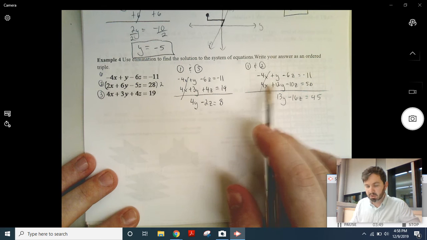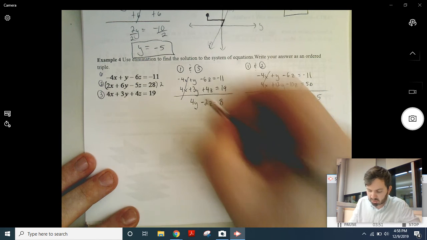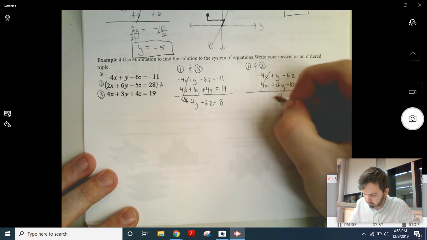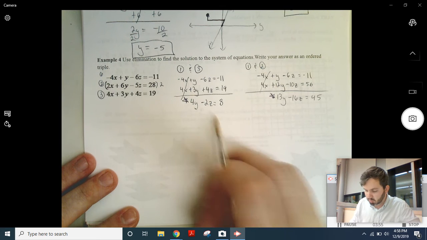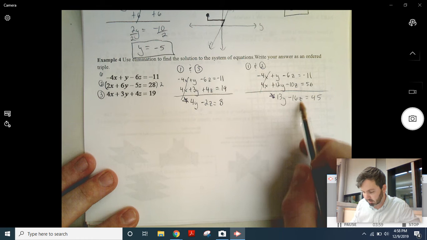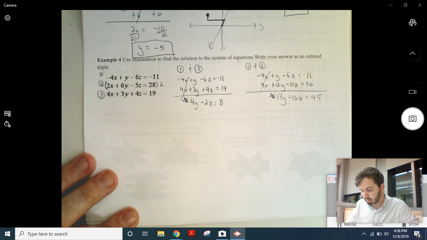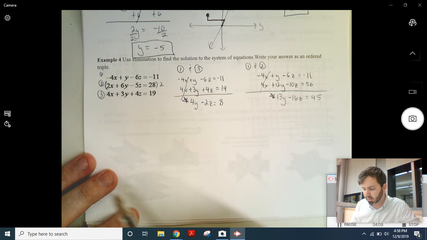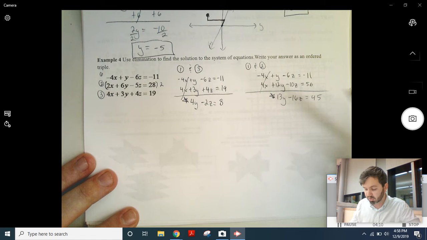We've done elimination 2 times, and we've gotten 2 new equations. We have this equation here and this equation here. We have 2 equations with y and z, and we're going to use both of these to solve for our next step. We're going to combine these in some way in order to use elimination.